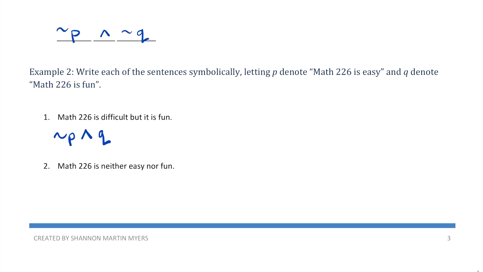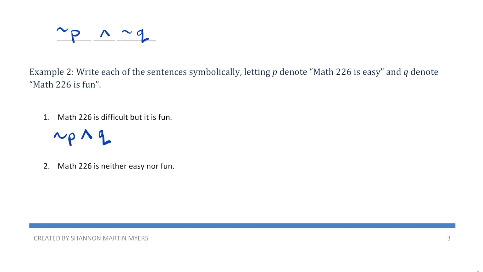The next statement, or sentence, if you will, because we're not talking about the truth or falsity of anything. There could be differing opinions on this one. But what we would look at is math 226 is neither easy nor fun. So this is negating both statements.